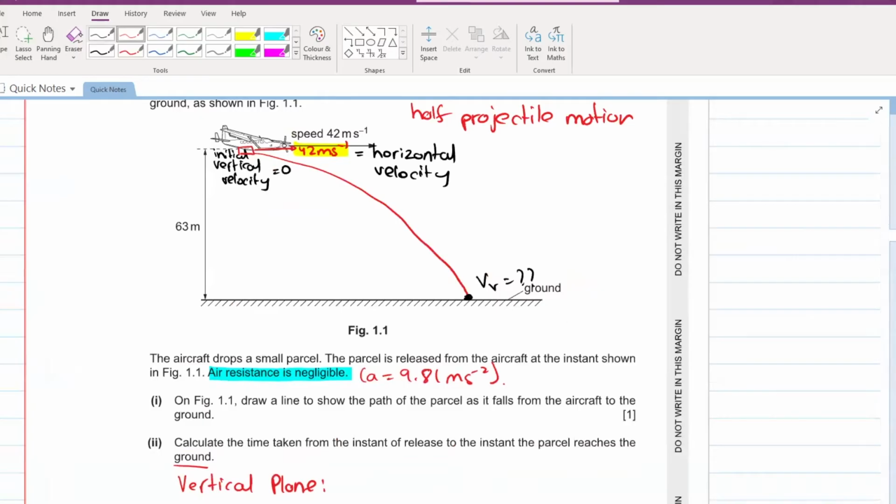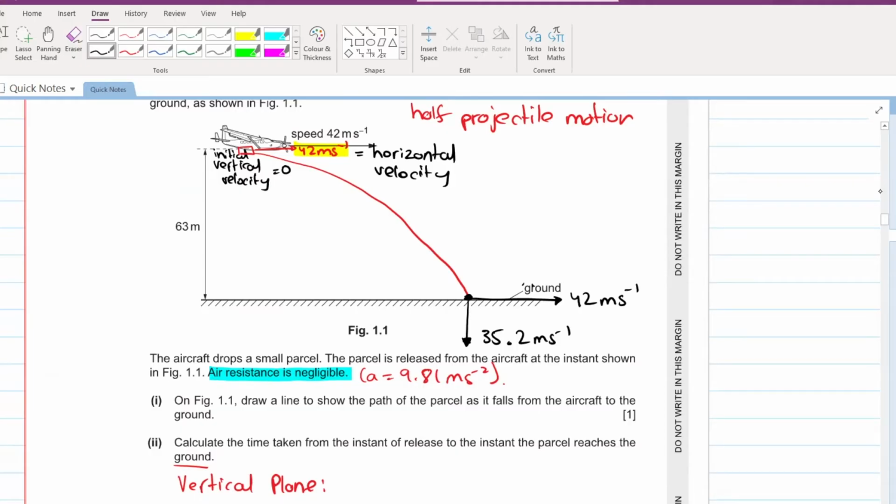As the parcel hits the ground, the vertical velocity will be 35.2 m s^-1, and the horizontal velocity will remain the same at 42 m s^-1. Why? Because the horizontal component of velocity in projectile motion remains the same throughout.